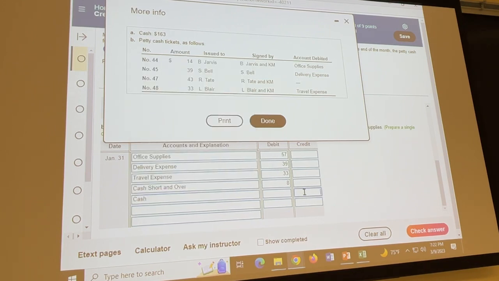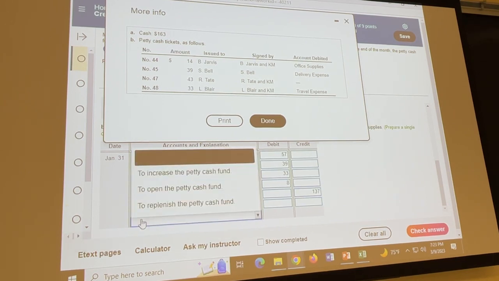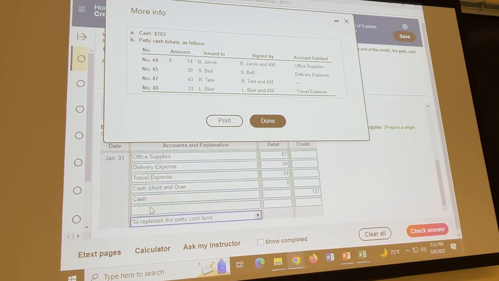And if the cash we had left in the box is $163, the amount that we have to get from the bank to replenish the fund is going to be $137. And that should make our journal entry balance. And at the bottom we put to replenish the petty cash fund.